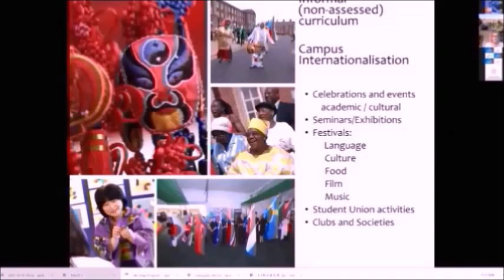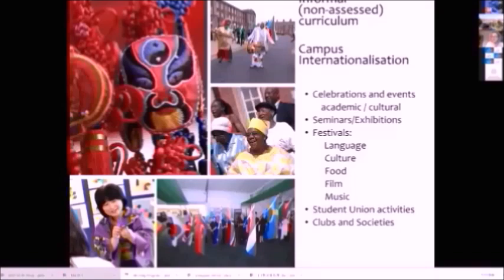It can be academic with, for example, seminars and exhibitions, or it could be more just fun with festivals and films and music and so on. We need to get the students involved as part of this and helping them to develop ideas through their various clubs and societies as well.